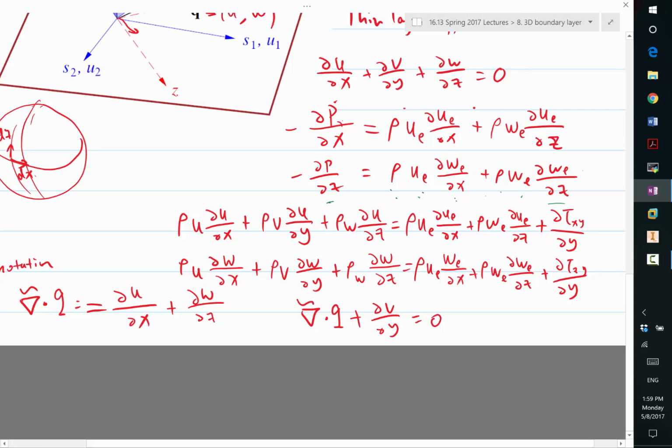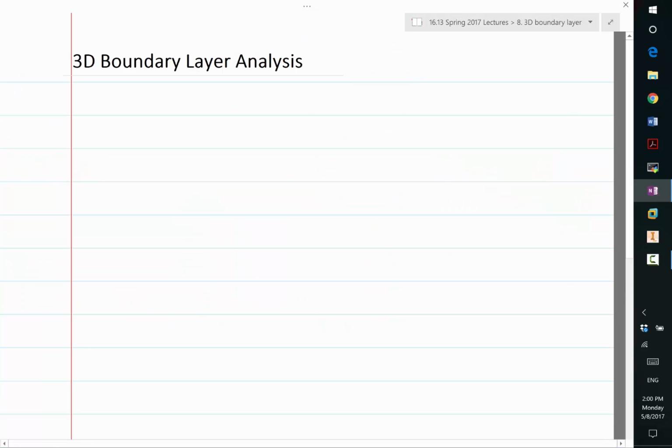Now what does that mean for dw/dx? We know ue is not 0, right? ue is the component pointing towards the trailing edge in a direction normal to the leading edge. That's x. So ue is not 0. The only consequence is that dwe/dx is equal to 0.